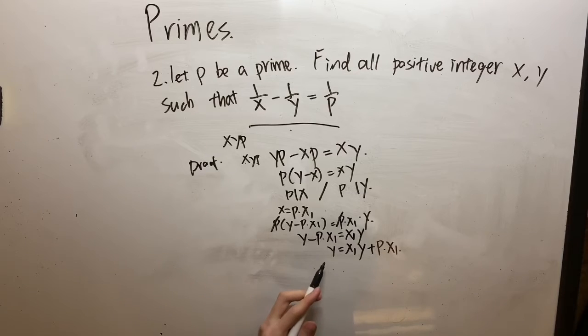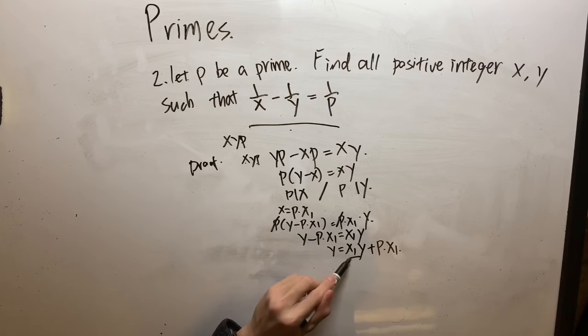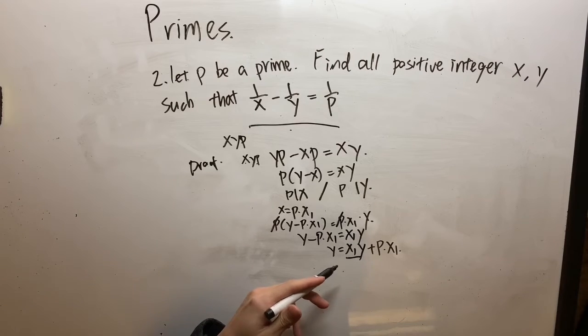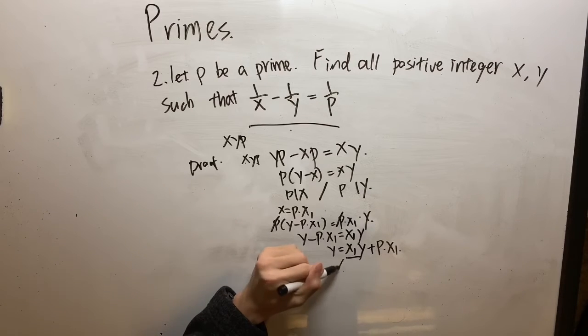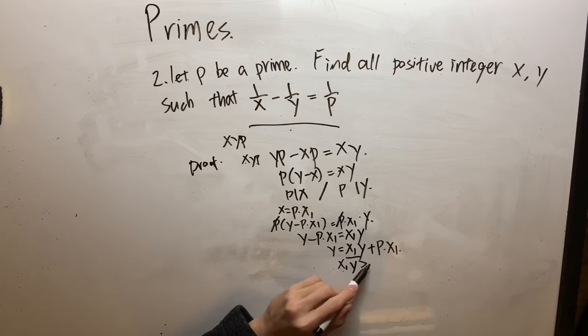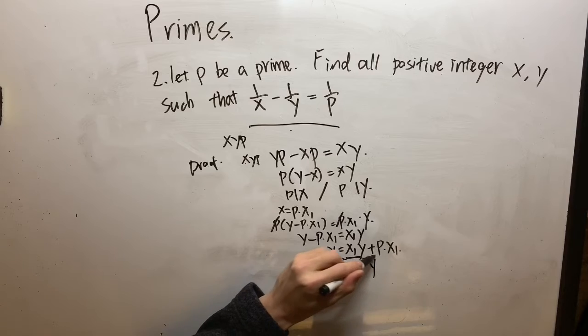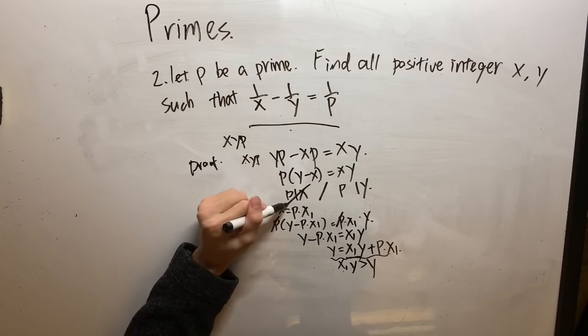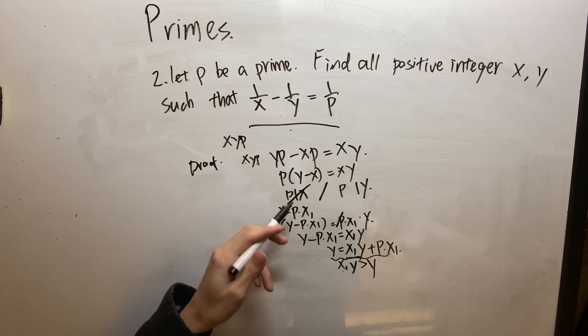However, x1 is definitely a positive integer, so x1y is bigger than y, so this cannot happen. And this is a contradiction. So p cannot divide x.